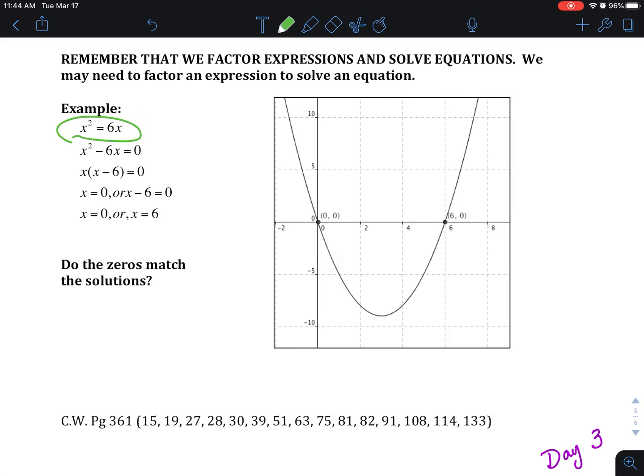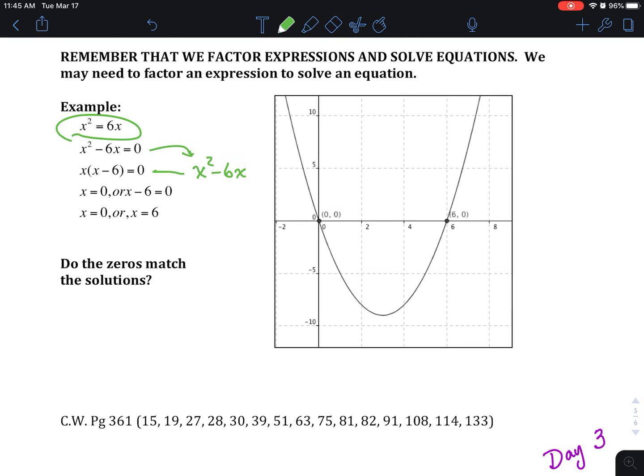But we now have the ability to take the polynomial x squared minus 6x and factor the GCF out. We can turn it into its factored form. The greatest common factor is x, and what's left over is x times x minus 6.